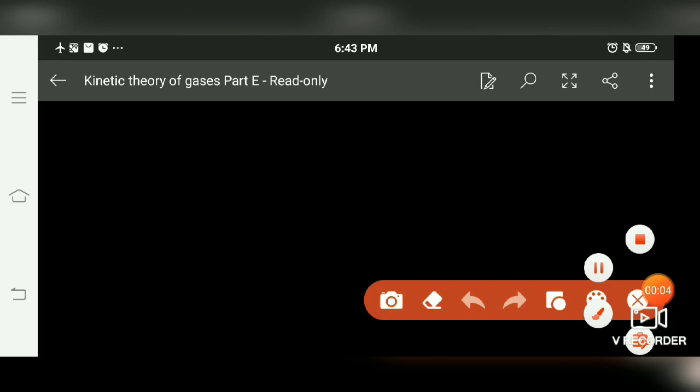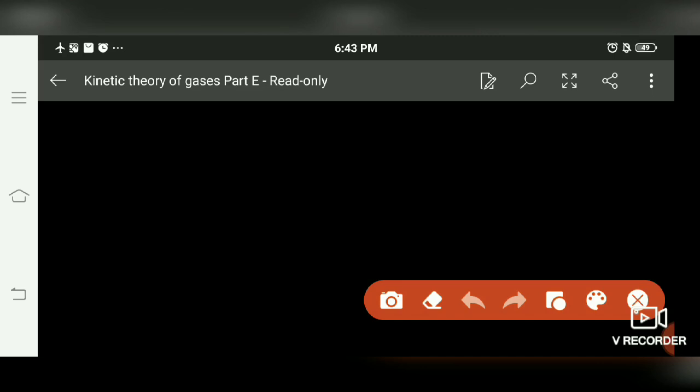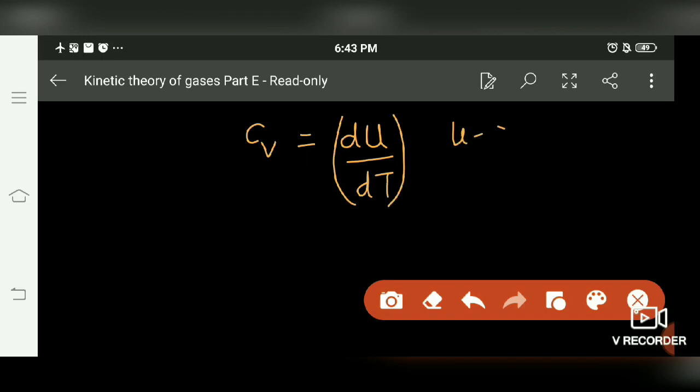There is a relationship between CV and internal energy. Specific heat capacity at constant volume is equal to the derivative of internal energy, where U is representing internal energy.